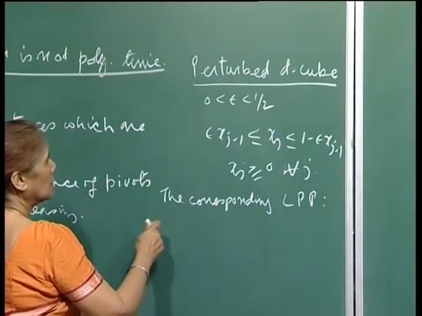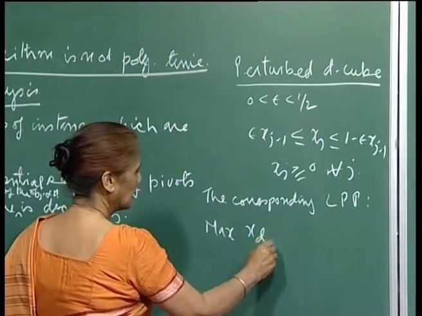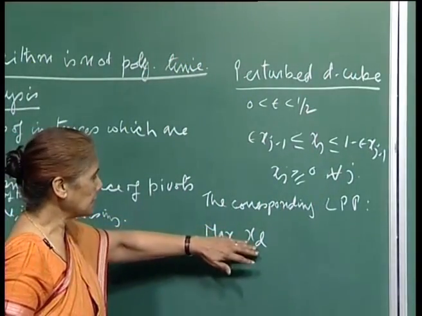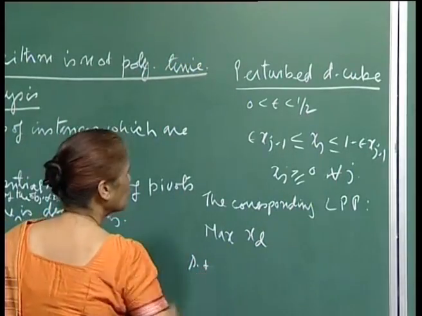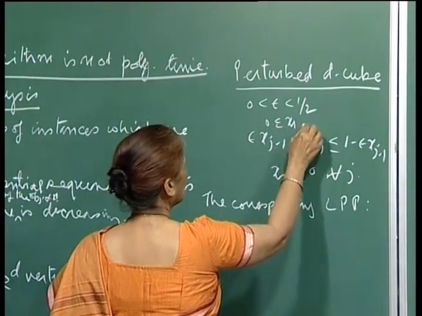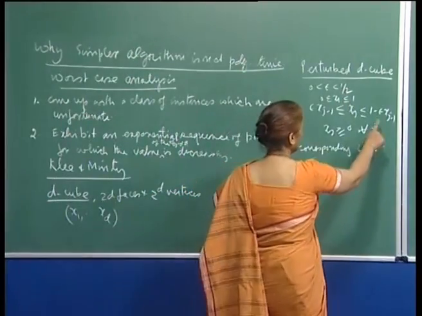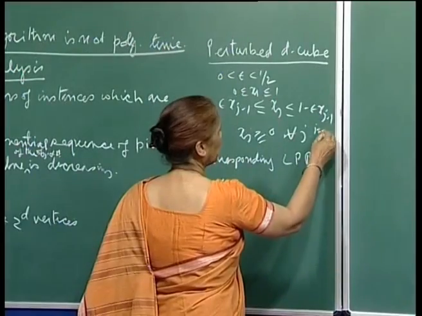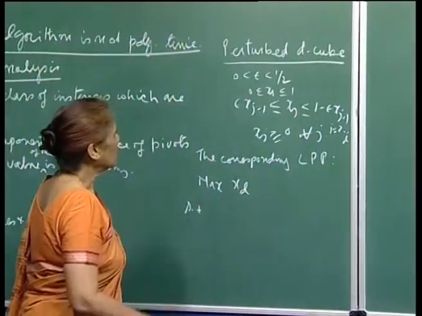So here I will say maximize x_d, and the minus sign, normally they define it as minimize minus x_d, which actually is maximize x_d, the minus sign can be outside, subject to 0 less than or equal to x_1 less than or equal to 1. For x_1 it is this, and the other constraint holds for j varying from 2 to d.